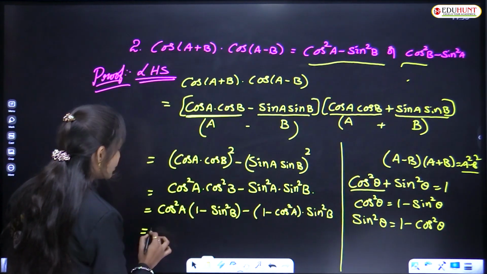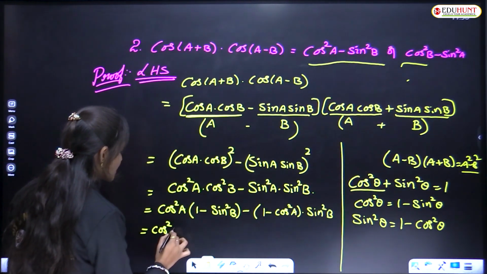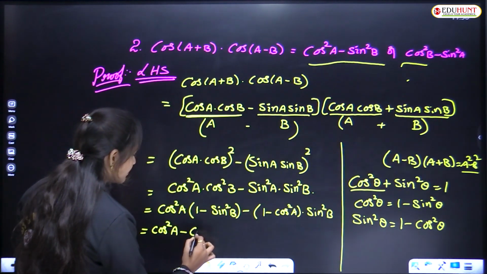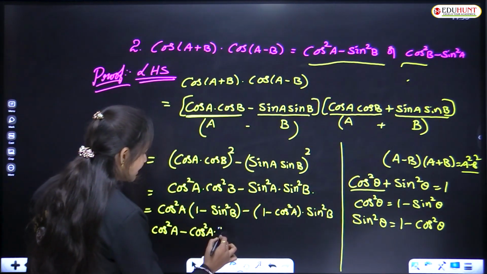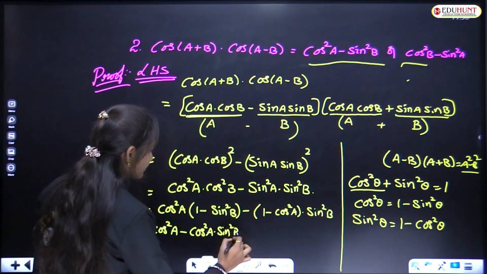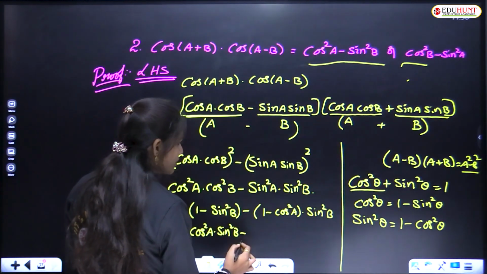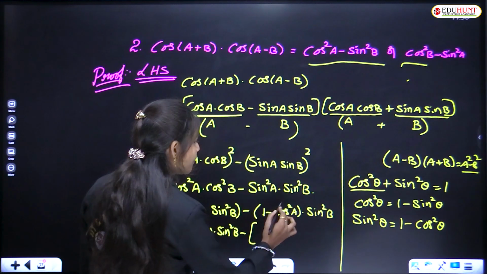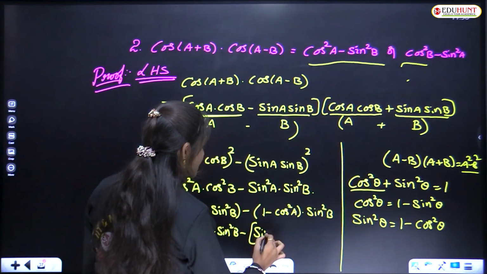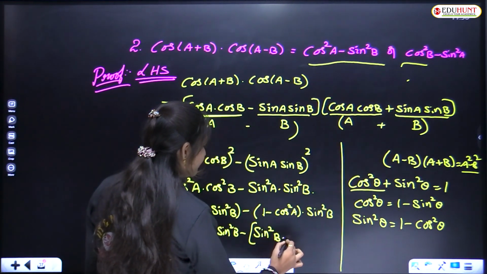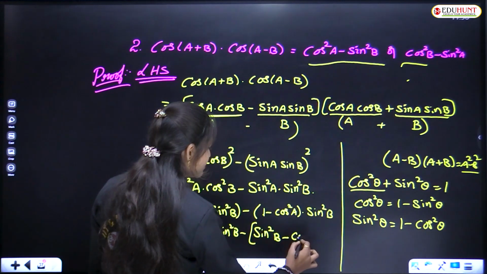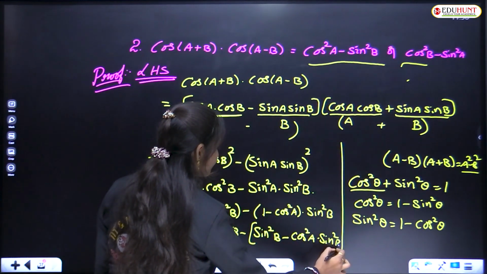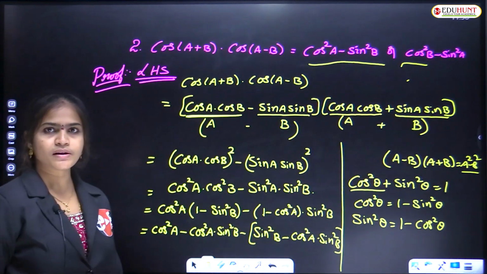Now do that multiplication. Cos square A into 1, which is equal to cos square A, minus cos square A into sin square B. Or leave it like this one, later we will see that. So 1 into sin square B, which is equal to sin square B minus cos square A into sin square B. So after multiplication this one we got, no?